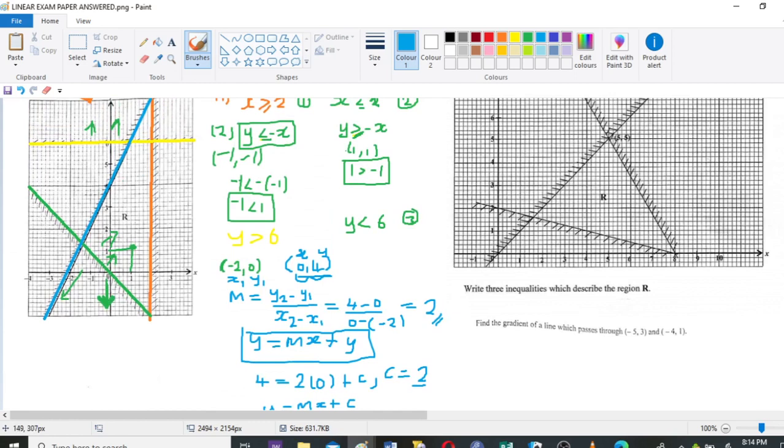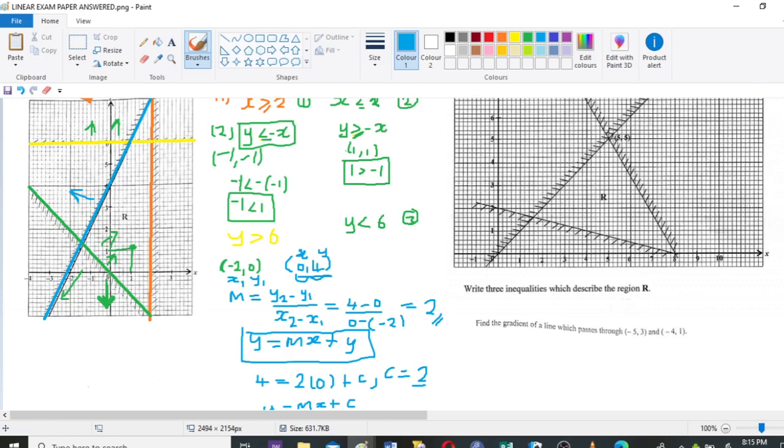Okay, looking at the shaded part, the shaded part is on top, isn't it? So the shaded part is the greater part, because the inequality has been shaded upward, okay? So since the shaded part is upward, our inequality there can just be y is greater than 2x plus 4, right?